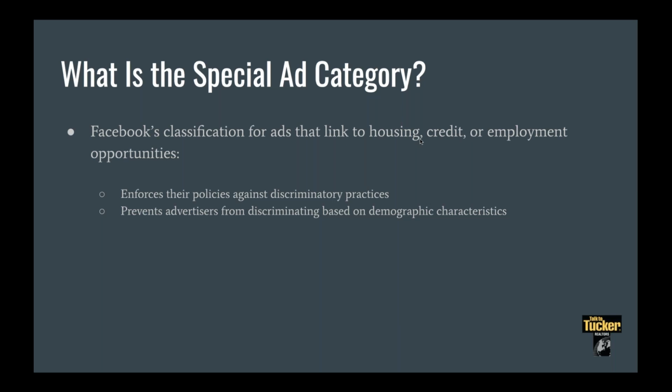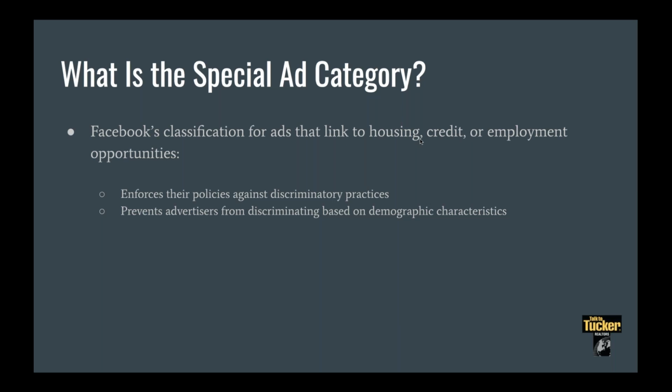Facebook created this category to help enforce their policies against discriminatory practices in advertising, and to prevent discrimination based on demographic characteristics such as age, gender, occupation, what zip code you live in, that kind of thing. While none of you are likely to run ads pertaining to credit or employment, you're definitely running ads related to housing. And Facebook puts ads that promote or link directly to housing opportunities in their special ad category.